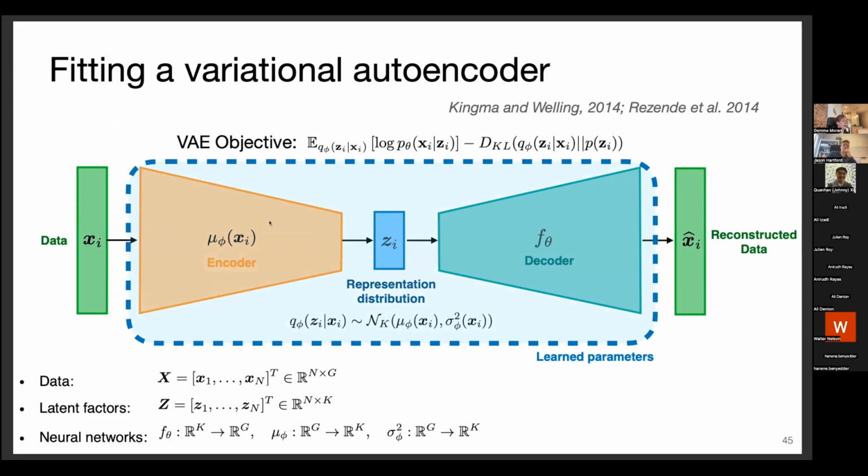So by forcing our data through this bottleneck to this low dimensional Z and then forcing it to reconstruct it, we're trying to get Z to contain as much information about our data as possible, but compressing it.